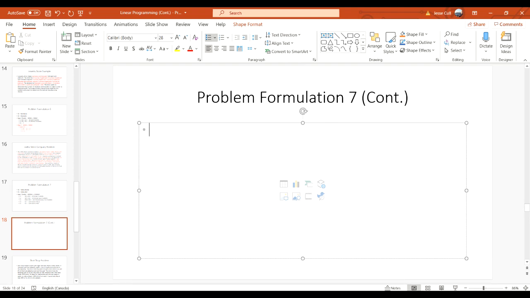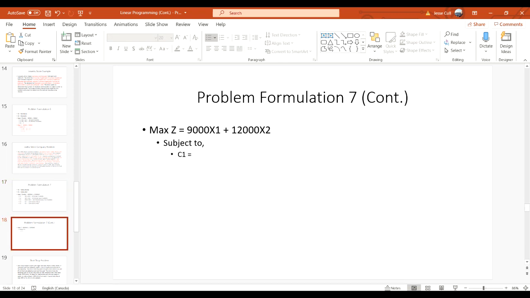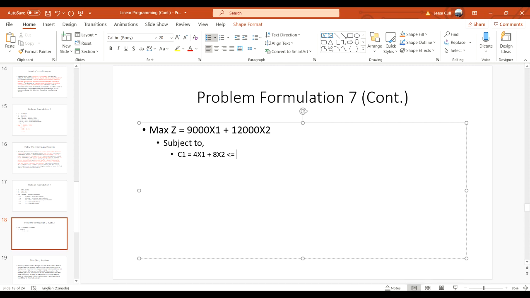So we have max z equal to 9,000 x1 plus 12,000 x2, subject to C1: 4x1 plus 8x2 less than or equal to 64.